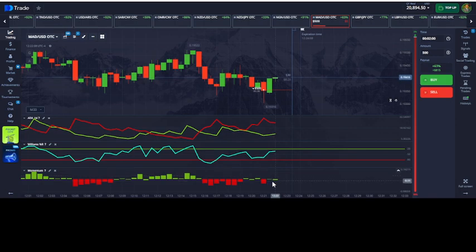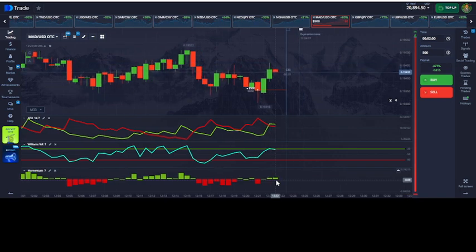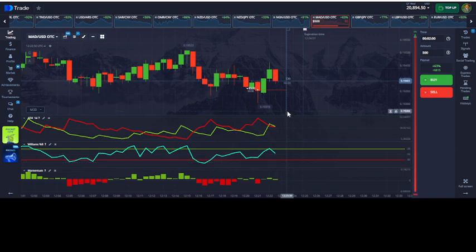And then we have the momentum indicator printing, the histograms printing. Let's monitor this trade and wait for the expiration.